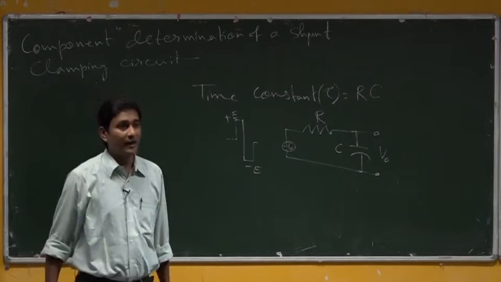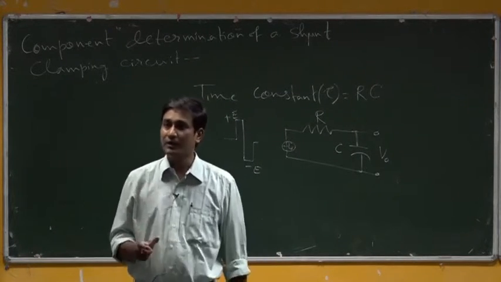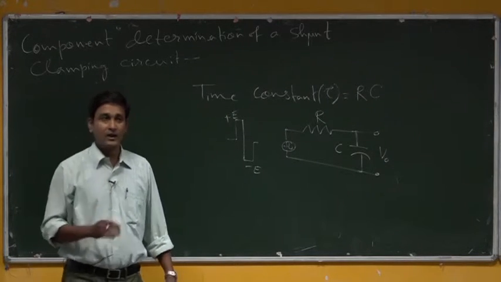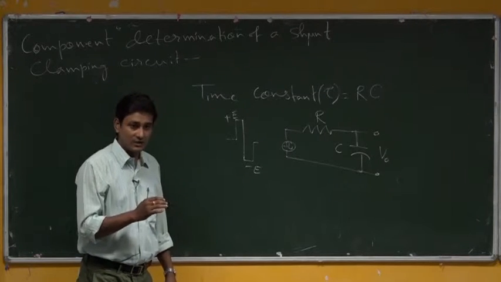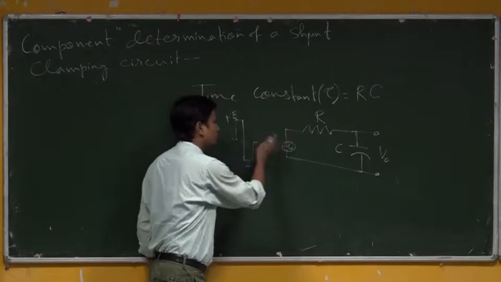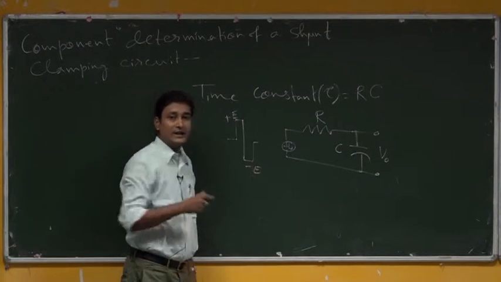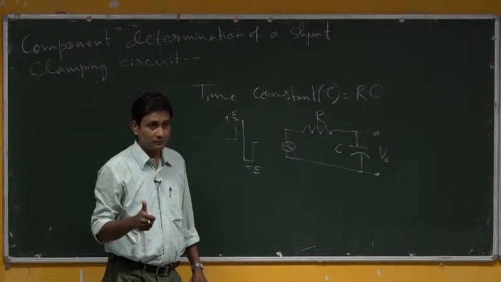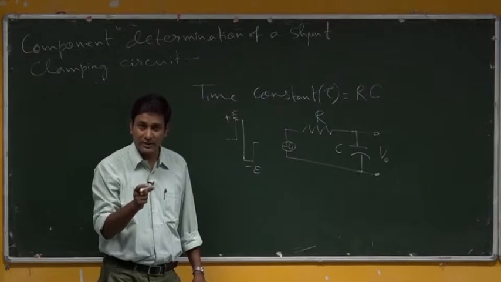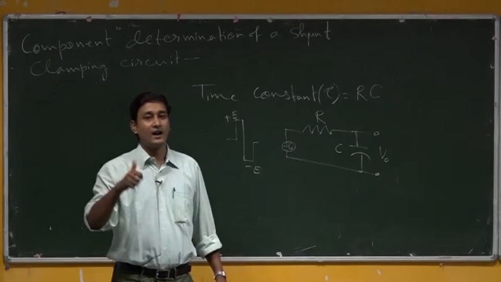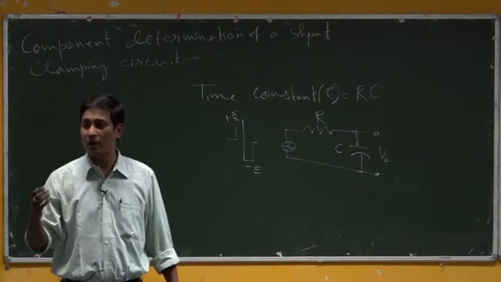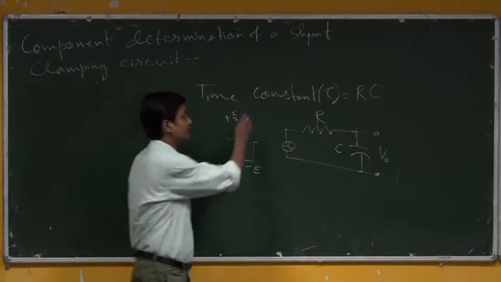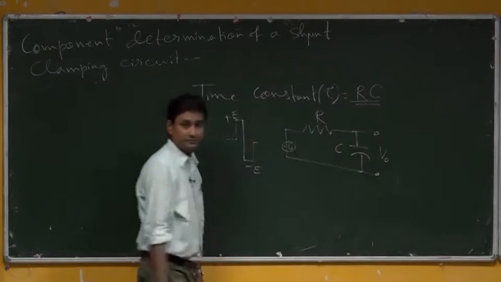It requires a time to respond to the system in a particular fashion, where to complete the charging of the capacitor to the required voltage, it will take time. It needs a time constant for which it will reach at least 90% or above, or a particular percentage, of the peak voltage.